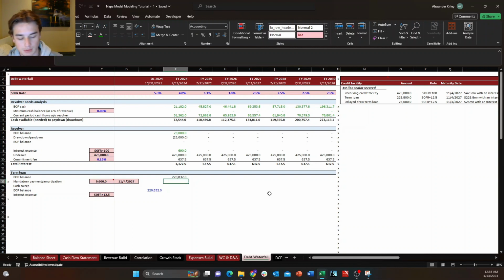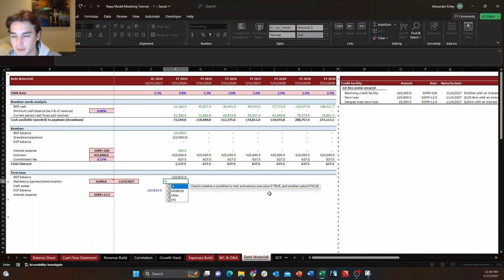So we're going to do an if statement. If the maturity date for this instrument, we'll fix this as well, is less than the corresponding period's date, then we're going to take our beginning of period balance and multiply it by -1.